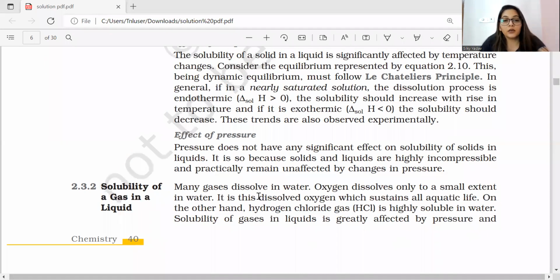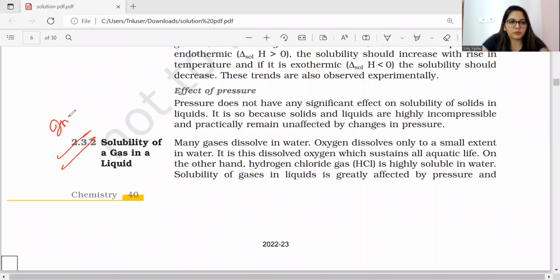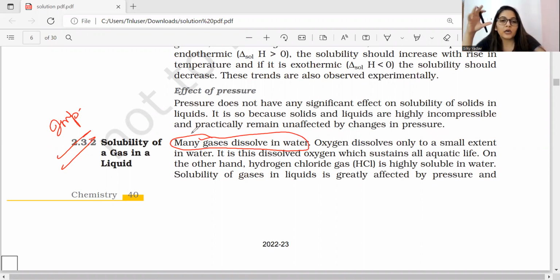And now the important part is, this is a very important topic from this chapter, and that is the reason why I have taken this topic first. Now, many gases dissolve in liquid. You all know that because of the dissolution of oxygen gas, and not just oxygen, many gases in the water, aquatic life is possible. Like we people require oxygen, so do the aquatic fishes.